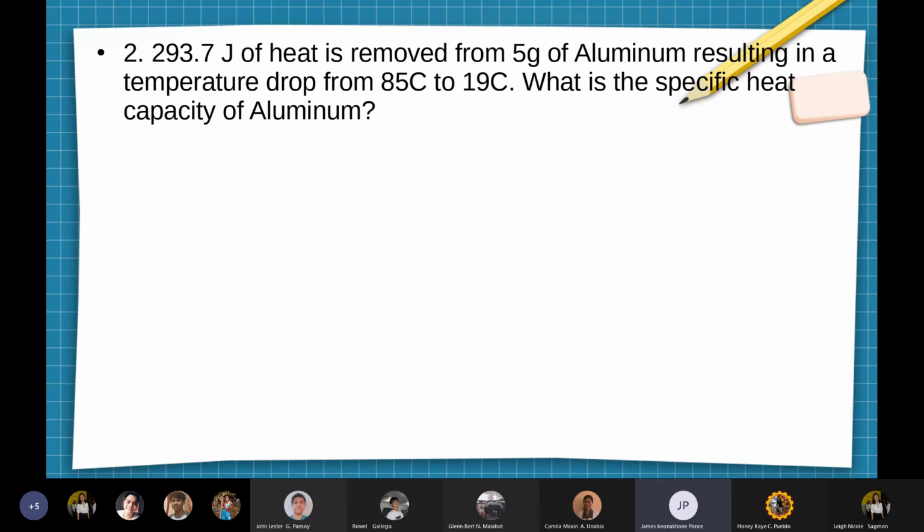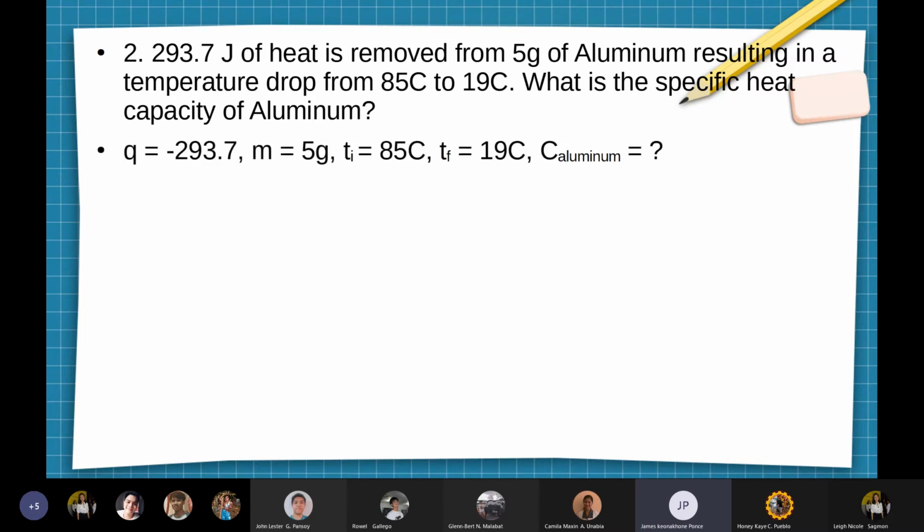Example number 2: 293.7 joules of heat is removed from 5 grams of aluminum, resulting in a temperature drop from 85 degrees Celsius to 19 degrees Celsius. What is the specific heat capacity of aluminum? Heat is removed, so it's negative 293.7. The mass is 5 grams, temperature initial 85, and temperature final 19.